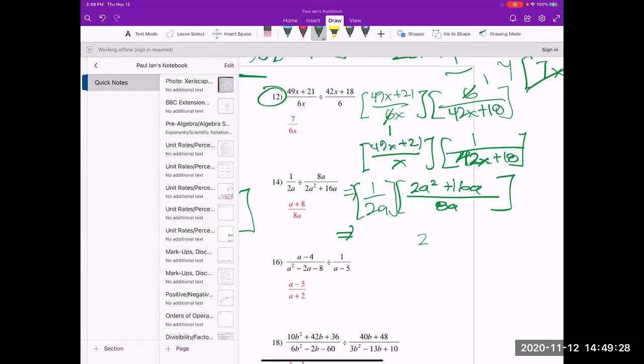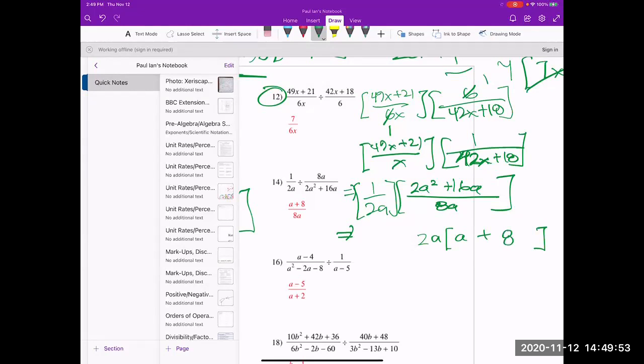Oh, never mind. You can, but what would you do? What would you get out? 2a, right? Yeah. So when I factor out a 2a, what do I get inside? 8. So what is a and then 1? A plus 8? Yeah.